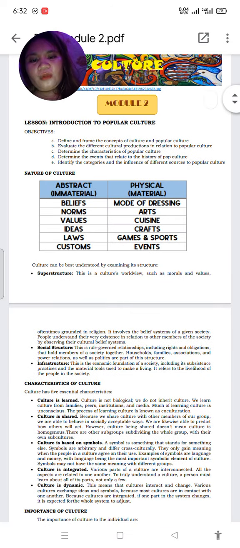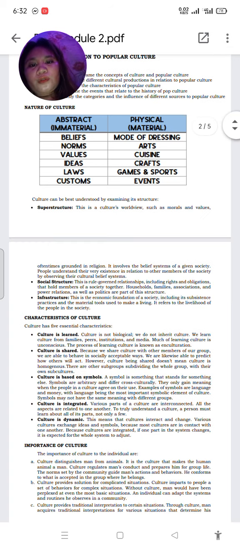So, culture can be best understood by examining its structure. So, superstructure. This is a culture's worldview, such as morals and values, oftentimes grounded in religion. It involves the belief system of given society.